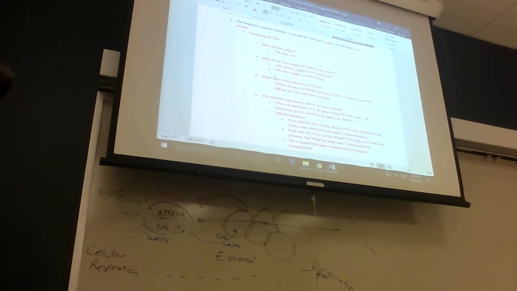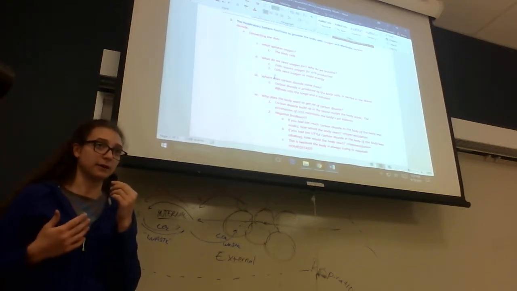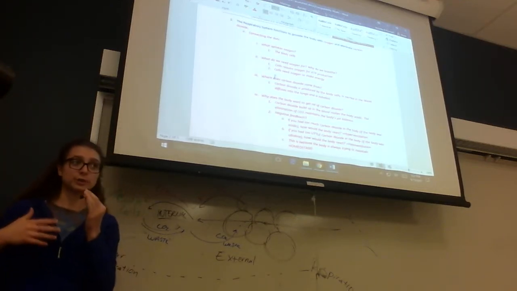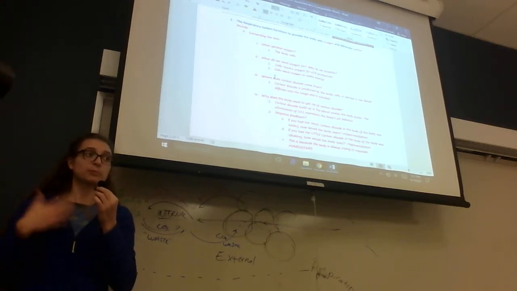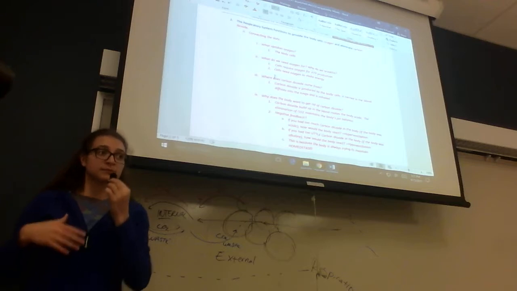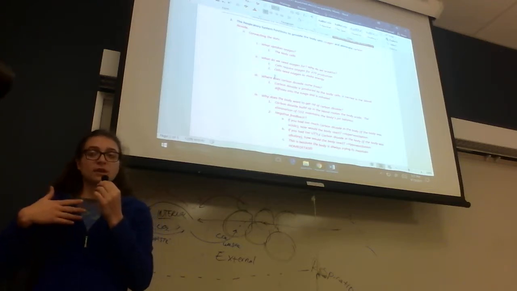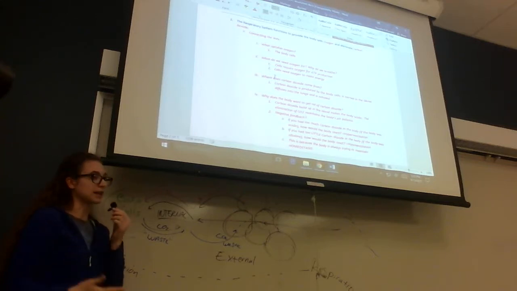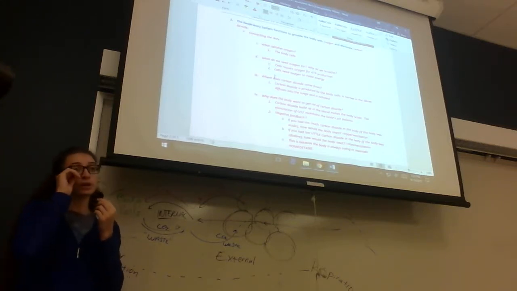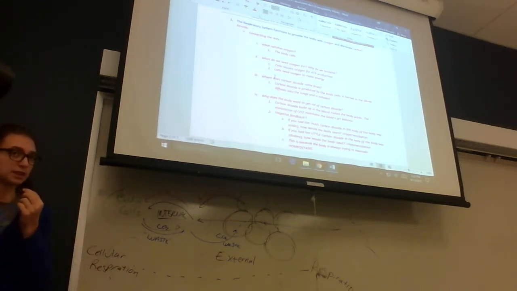If we have too much carbon dioxide in the body, something kind of fun is we would try to get that carbon dioxide out. So a symptom of too much carbon dioxide is we would start to hyperventilate. So we breathe a lot faster. But if we didn't have enough carbon dioxide, and I know this sounds odd, your body always wants to be in homeostasis.